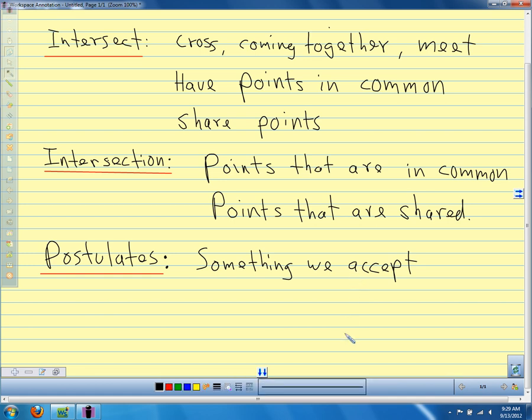It's something that just makes so much sense that it seems like it has to be, but we don't have any other way to prove it. We can't start with something else and get to our postulate. Our postulates are like our basic building blocks. We can't use anything to build up our postulate.